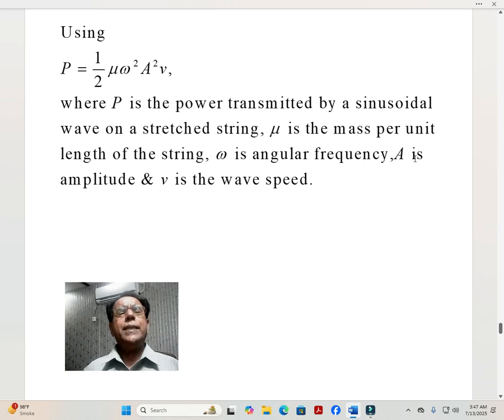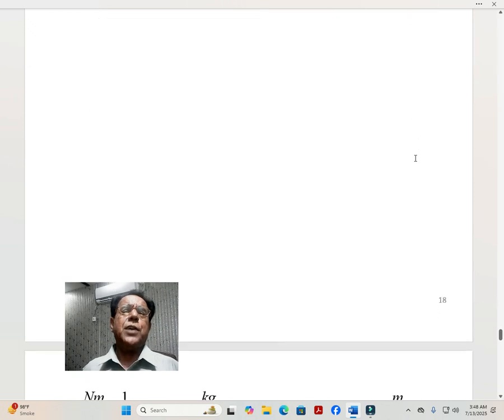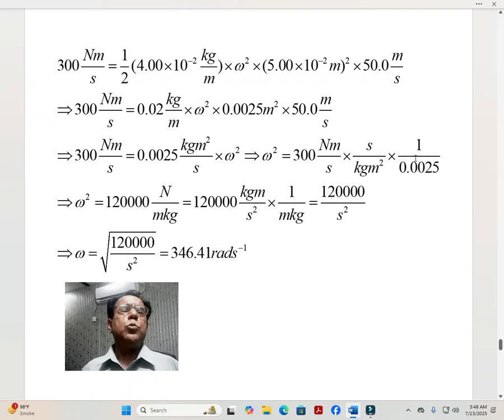Everything is given, the formula is clear. We have just put the values in this formula and we are going to solve our problem.